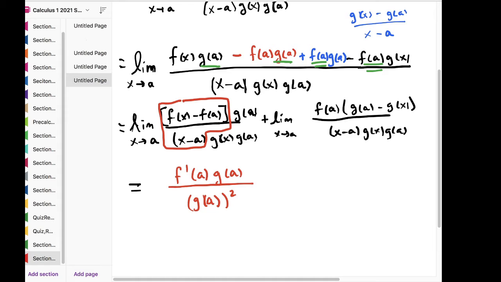But this one is a little bit different, right? With the limit, is this the derivative of g at a? Does it look kind of awkward? It doesn't look exactly like this, right? What's different about these two expressions that are boxed?